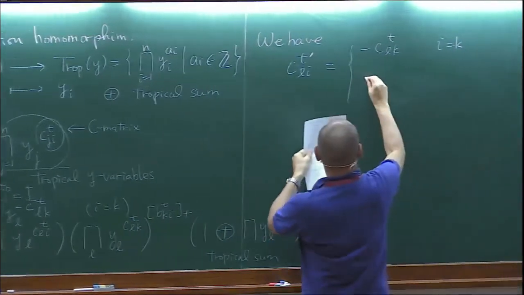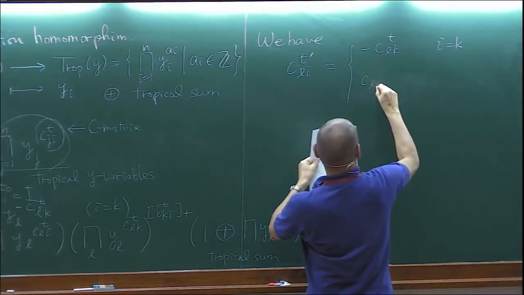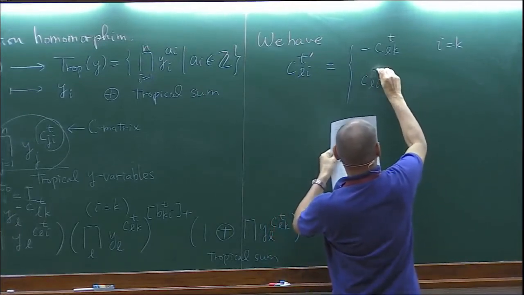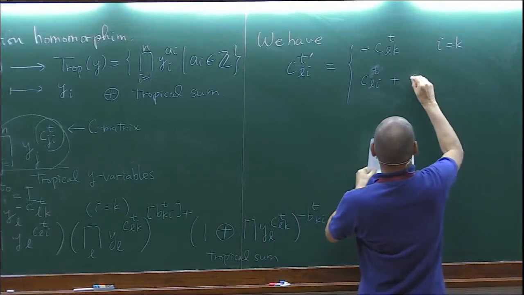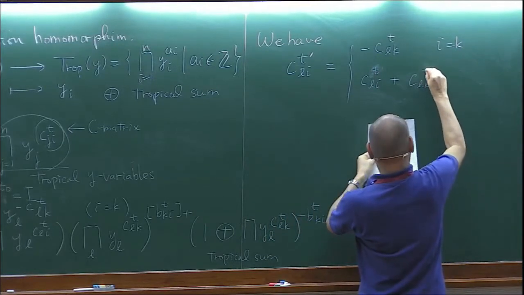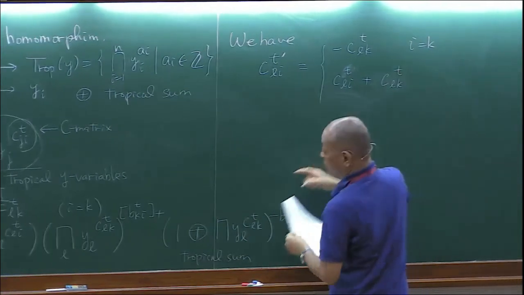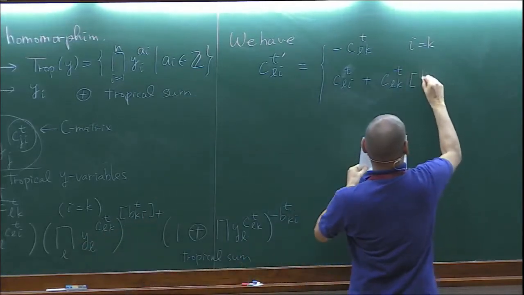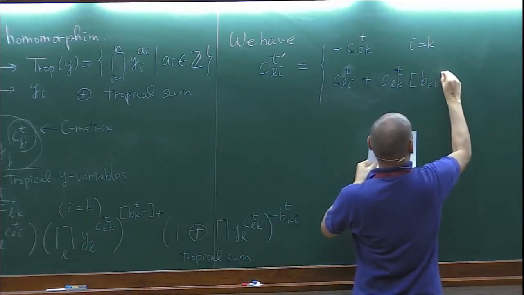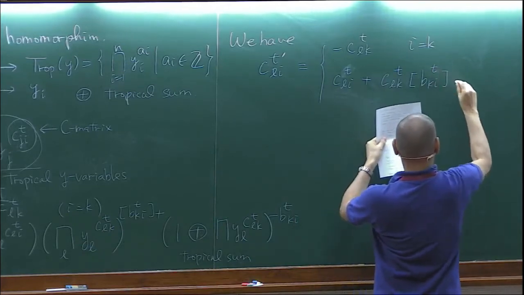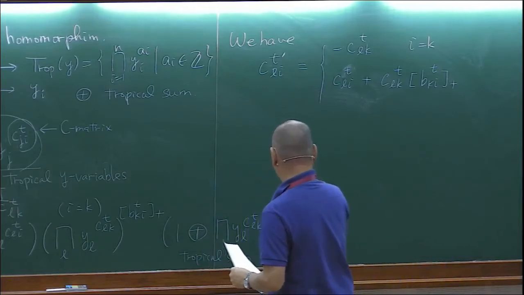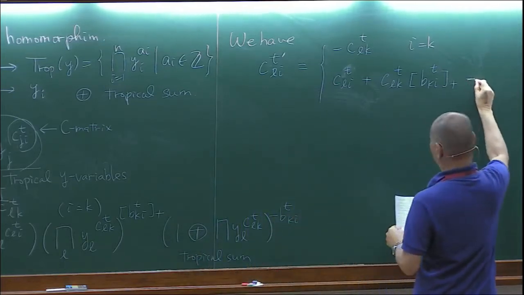And from the second factor, we have C_{LI} plus C_{LK}^T, with multiplication of this factor B_{KI}^T plus. And now we want to calculate this one. So this is a kind of main point.